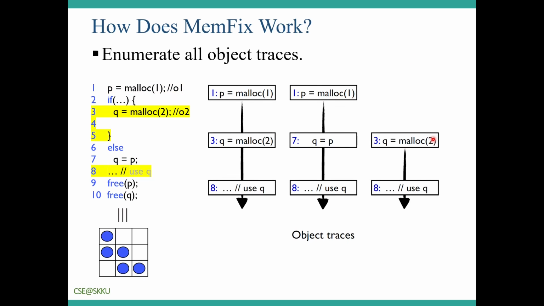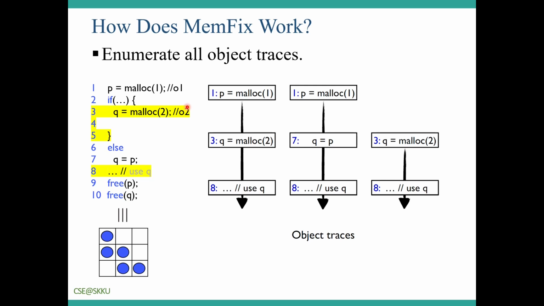And the last trace corresponds to the object O2, which appears only in the true branch. In this trace, at line 3, O2 is allocated and assigned to pointer Q, and at line 8, the object is used through the pointer Q. Since O2 is only allocated in the true branch, it has a single execution path.